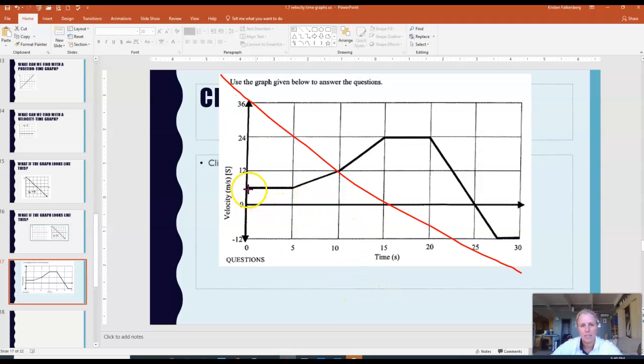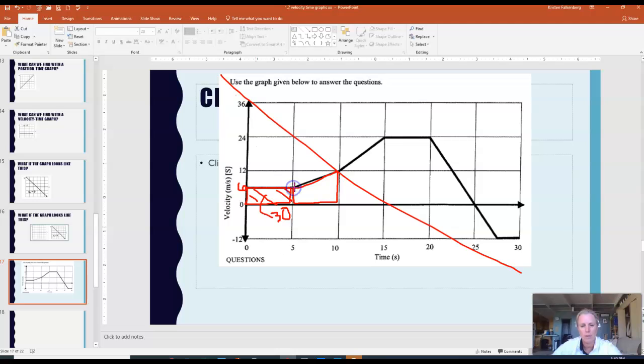So when I write on these things, if I want my displacement or distance, I can get that area. So that's 6 meters per second for 5 seconds, so I've gone 30 meters. Now, what do you do for this one right here?